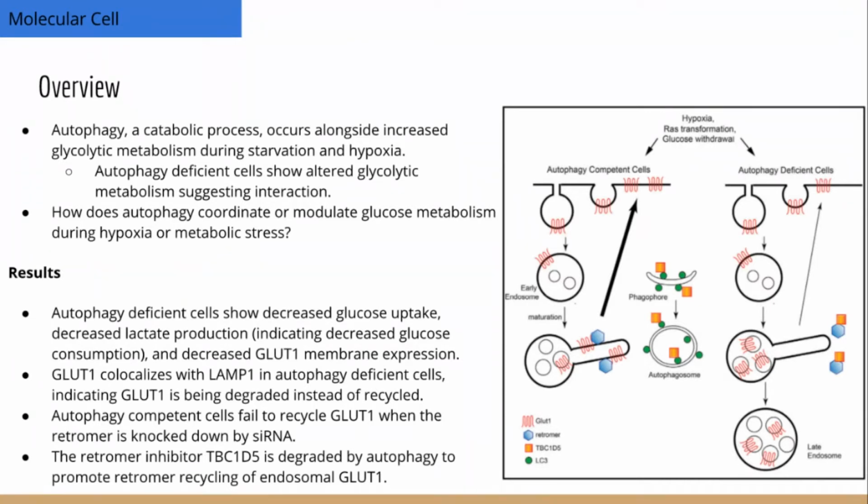And so this is what they discovered. These are the answers. So first, during starvation and hypoxia, autophagy deficient cells show decreased glucose uptake. They also show decreased lactate production, and lactate is a byproduct of anaerobic glycolysis.